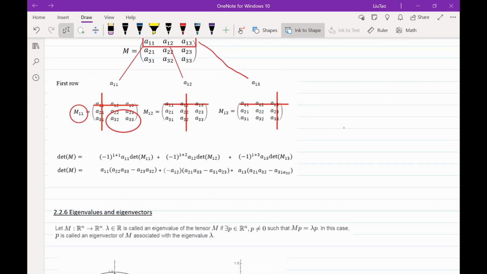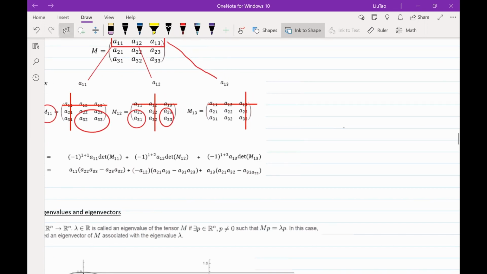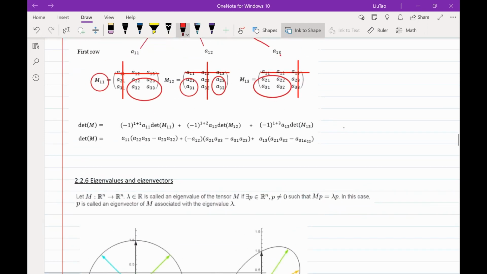M12 is by eliminating the first row and the second column. And for M13, we need to eliminate the first row and the third column. So this is our new matrix.